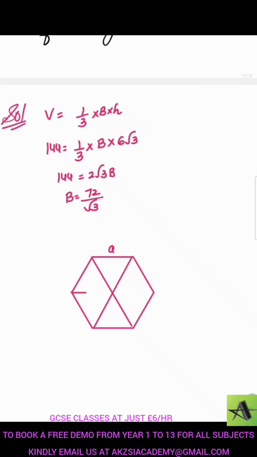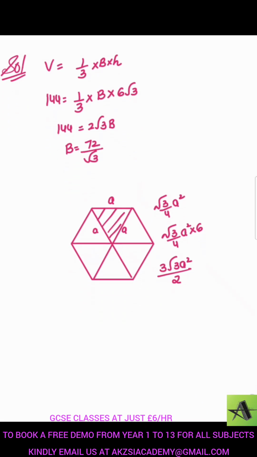A regular hexagon can be divided into 6 equilateral triangles. We know that the area of an equilateral triangle is root 3 over 4 a squared. So the area of all 6 would be root 3 over 4 a squared times 6. That will give you 3 root 3 a squared over 2. That's the area of the hexagon.